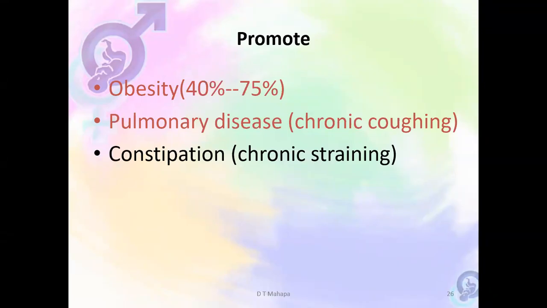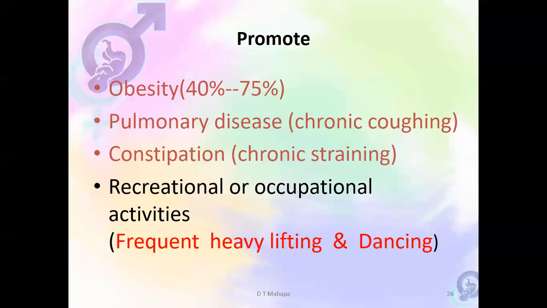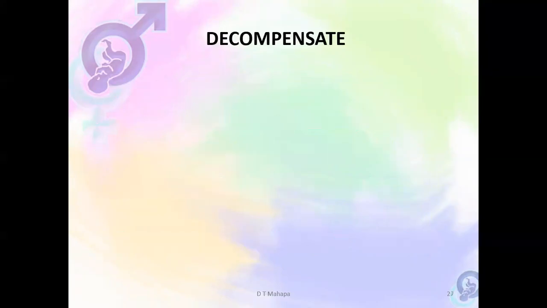That way, you are increasing intra-abdominal pressure, overstretching the pelvic floor, the levator ani muscles. And frequent lifting of heavy objects, in this era of gender equality, where men are doing the same job as women and women are doing heavy jobs, and some recreational activity. I've realized that there's some recreational activity that women engage in that predisposes them to pelvic organ prolapse.